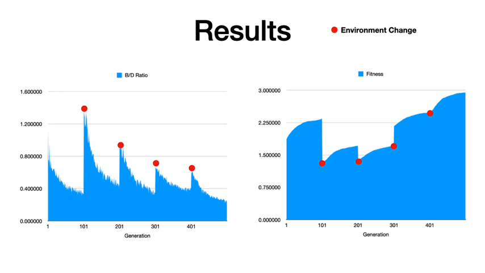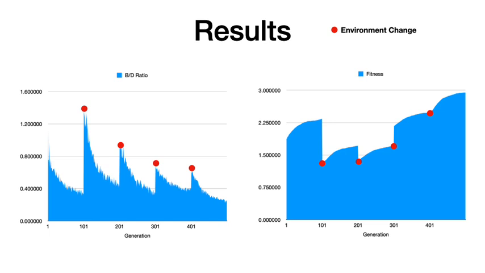You can have an environment that is overall more favorable. But you'll notice that whether or not the fitness increases or decreases, the beneficial deleterious ratio always jumps on a significant environment change.